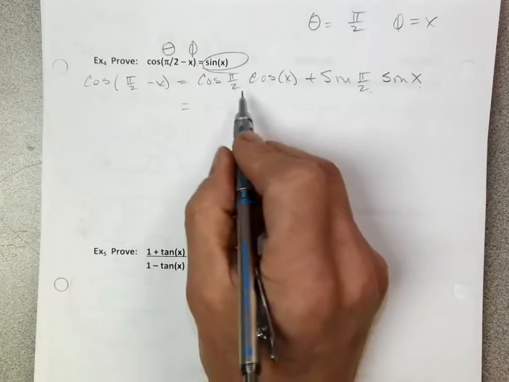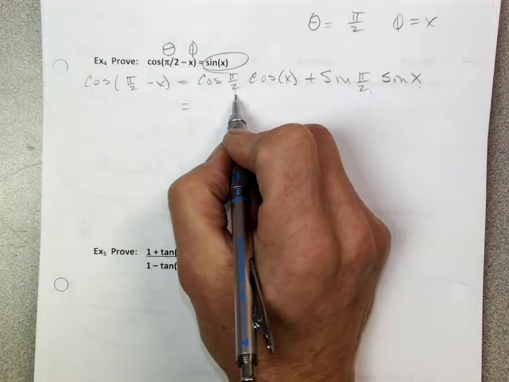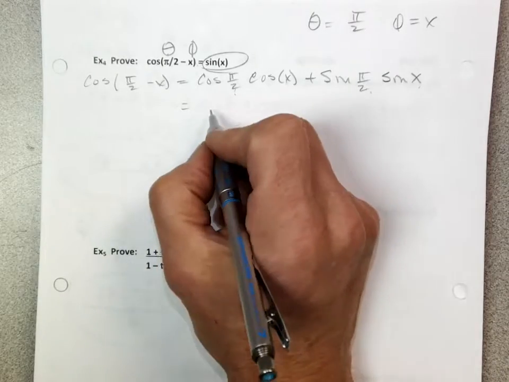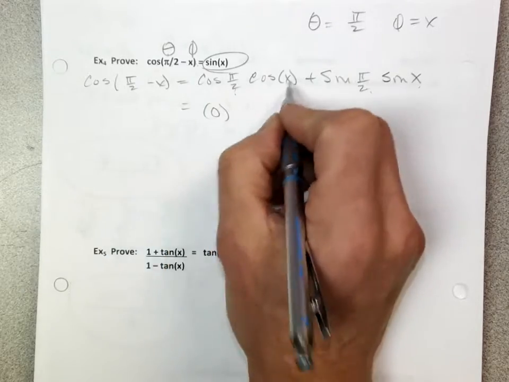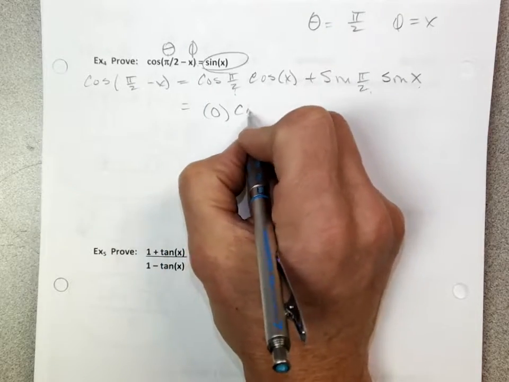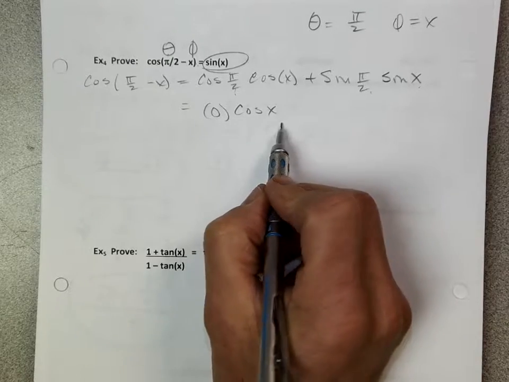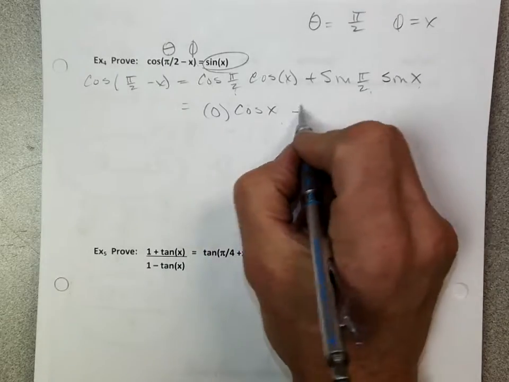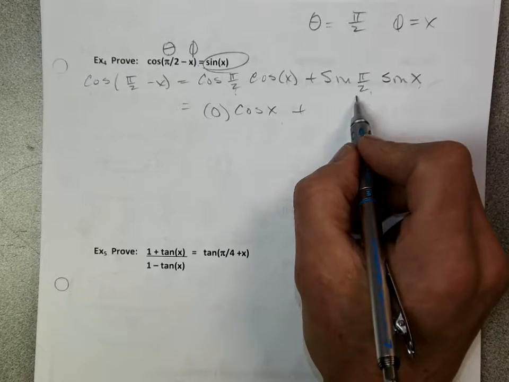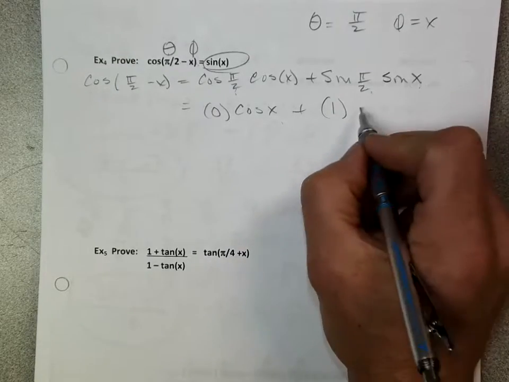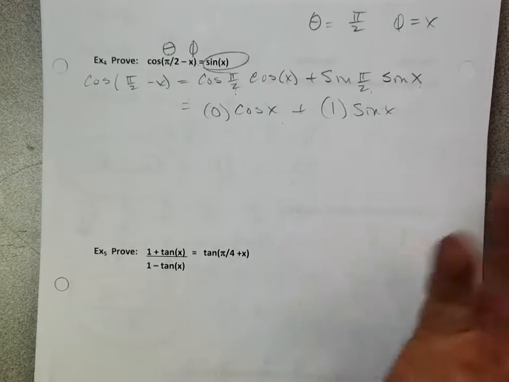So, cosine of pi halves. Go to pi halves, cosine's the x value, which is 0. Ooh, I like that. It's getting simpler, isn't it? So I get 0 times cosine of x. Now, I don't know what cosine of x is, but it doesn't matter, because we're going to multiply it times 0, and it's just going to disappear. Plus sine of pi halves. Sine of pi halves is the y value, which is 1. I don't know what sine of x is, but it doesn't really matter because I'm going to multiply it by 1.